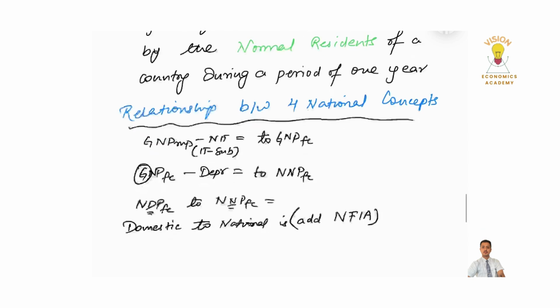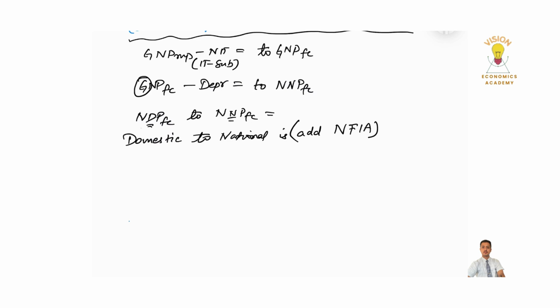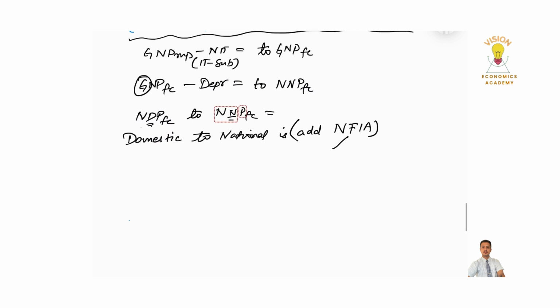Net factor income from abroad is net factor income from abroad minus net factor income to abroad.